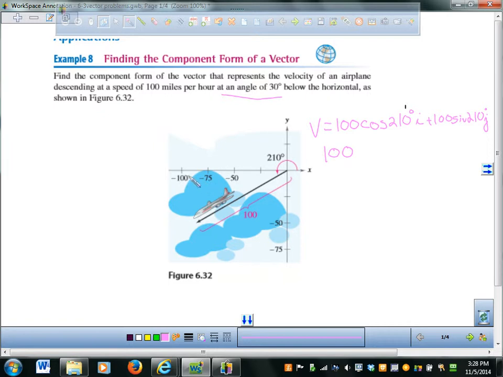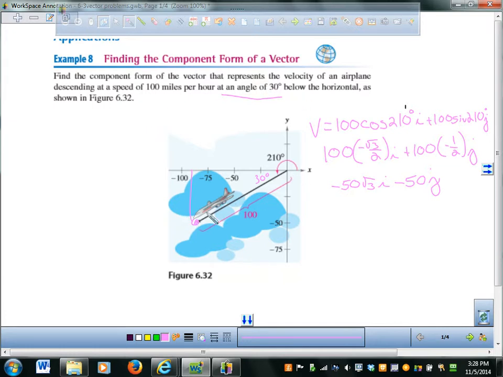So the cosine of 210, when the reference angle is 30 degrees, is a point on the unit circle, and the cosine of 210 is negative root 3 over 2, and that's in the I direction, and sine of 210 is negative 1/2, so that's plus 100 times negative 1/2 in the J direction, and when you simplify that you get negative 50 root 3 i minus 50j, and that's how you write this vector in component form.